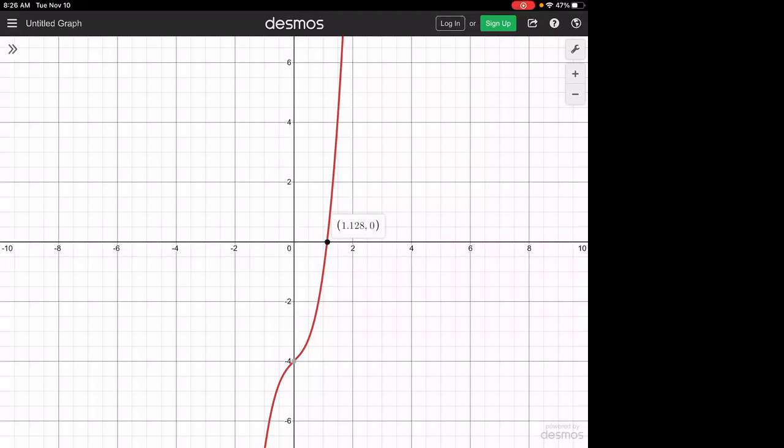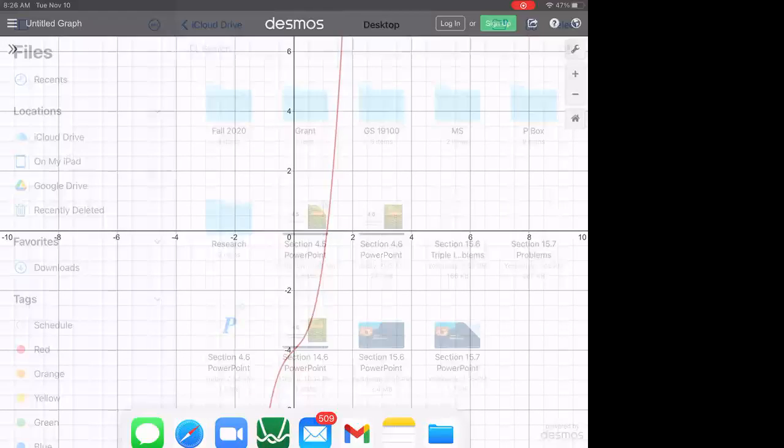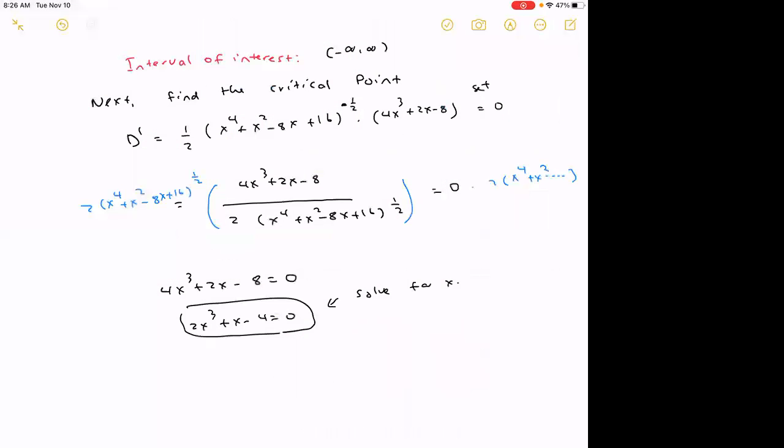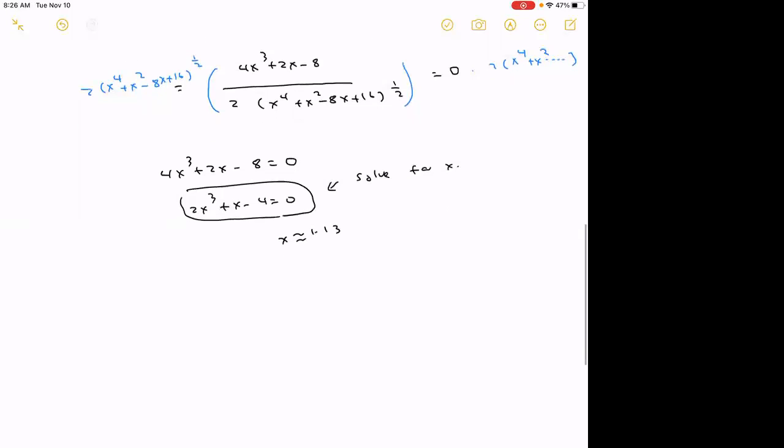Good, everybody? Yes. Good. Let's go back. So we have then x equal to 1.13. But how do you know this number? This is a critical number.